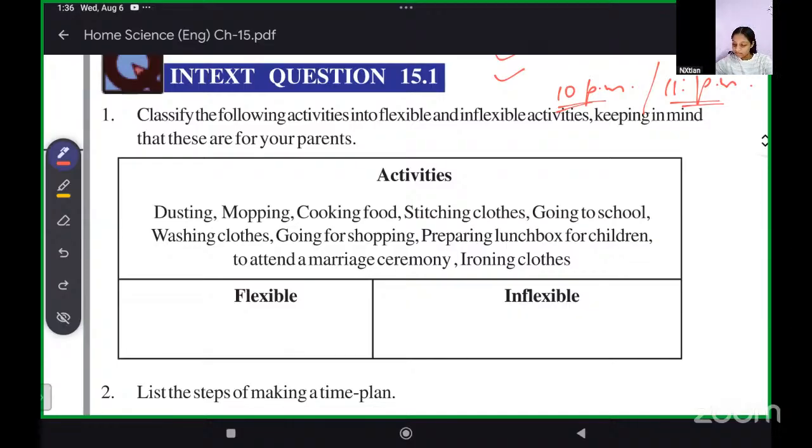For some people, it is inflexible also, like you and I. For you and I, it's inflexible. For our parents, it's flexible. If they have to do dusting, they'll do dusting. If you're busy, we'll do dusting tomorrow. They're chill with dusting. So, next one, mopping.